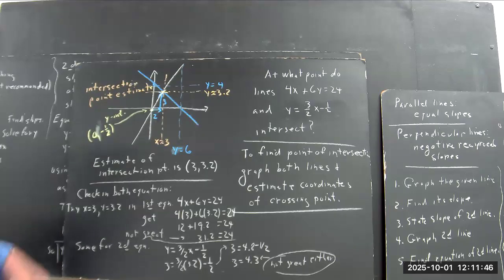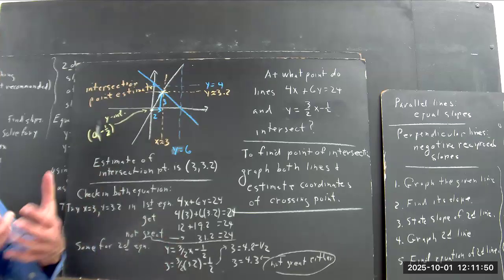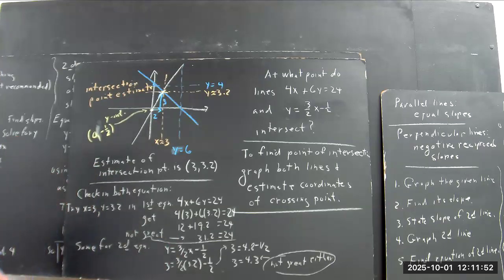Okay. I intentionally didn't draw that graph real carefully because I didn't want it to look like you're always going to get exactly the right point. But if you draw the graph carefully, you'll be able to do it. You'll be able to get a good estimate.